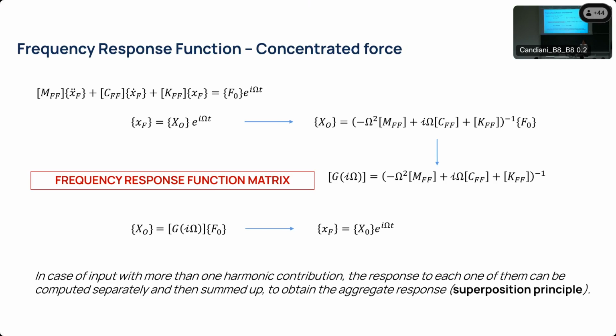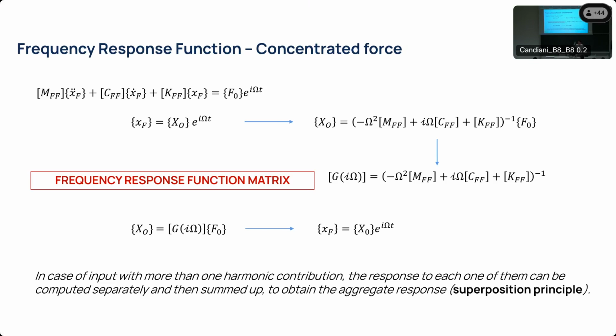So we will create in a way a vector of matrices or a matrix of vectors, depending on how you want to look at it. But the general idea is always the same. For each frequency we make that computation, we create our frequency response function matrix, which gives you as an output, basically, if we multiply that function for the known force vector, you get the relative amplitude, which, remember, is a complex number.